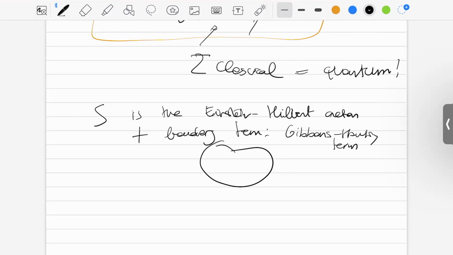So S is then equal to the usual Einstein-Hilbert action.